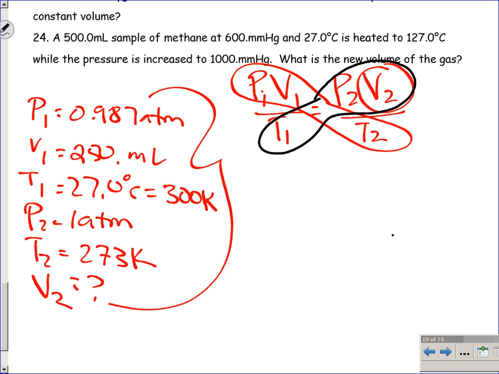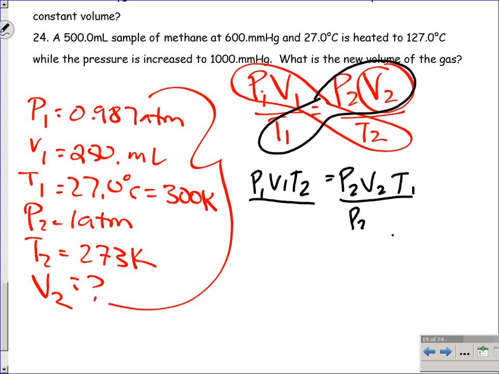So that's P1V1 times T2 equals P2V2 times T1. Okay, haven't quite isolated yet, but I'm really close now. What do I have to do? Divide by what? So divide both sides by what? P2 and T1 to isolate V2 by itself.